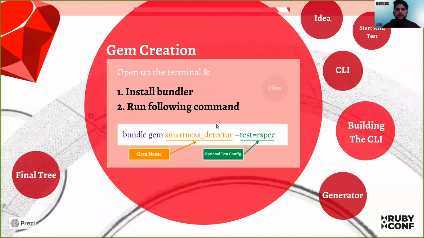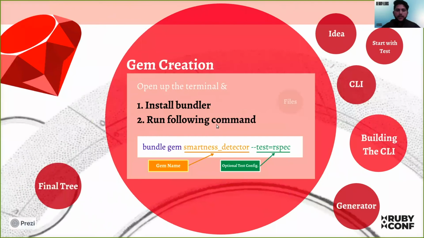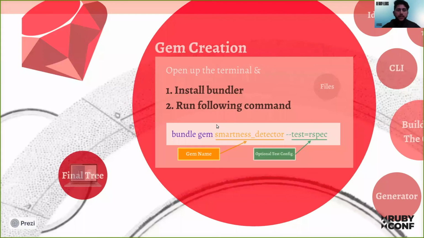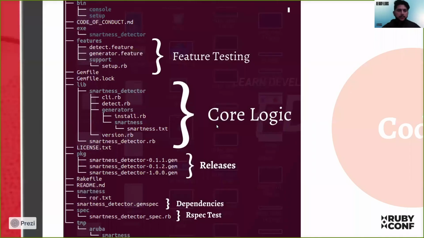So once we have all the functionality and features of the gem implemented, let's see how the tree looks collectively. All the core logic will go under the lib directory under the smartness detector module.